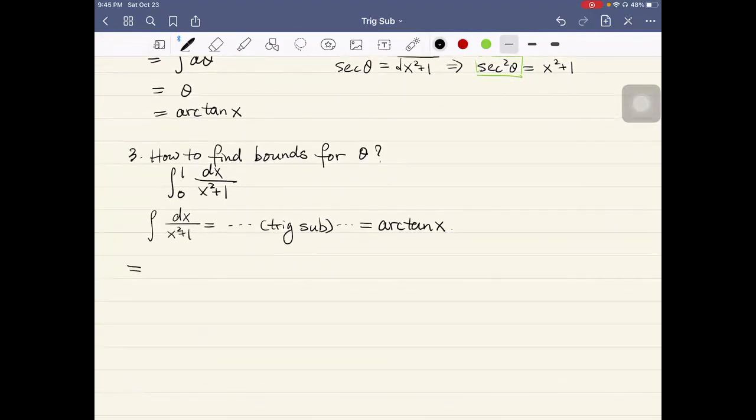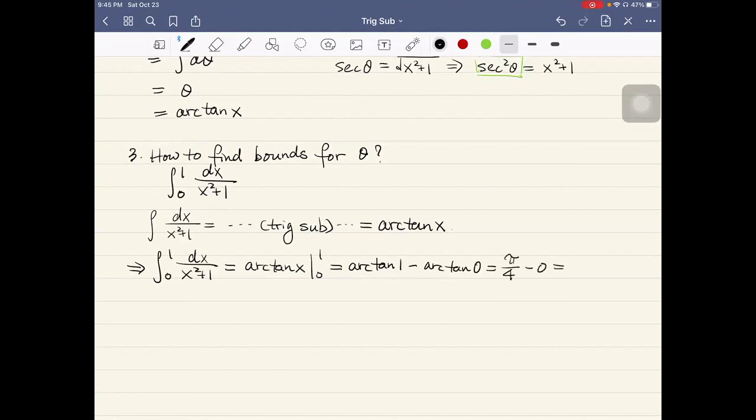So the definite integral from 0 to 1, dx over x squared plus 1 can be written as arctan of x from 0 to 1, which is equal to arctan of 1 minus arctan of 0. Arctan of 1 is pi over 4. Arctan of 0 is 0, so that's equal to pi over 4.